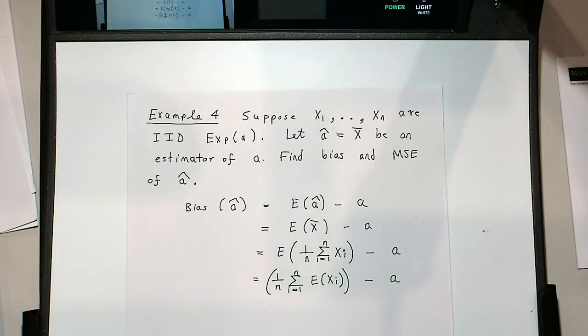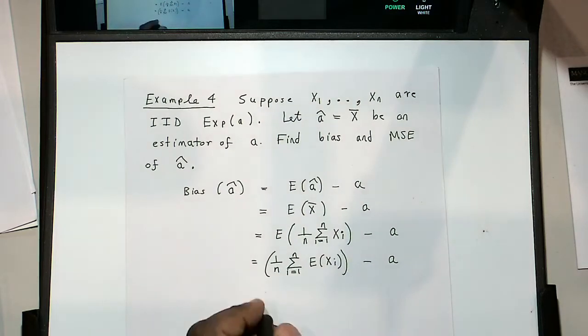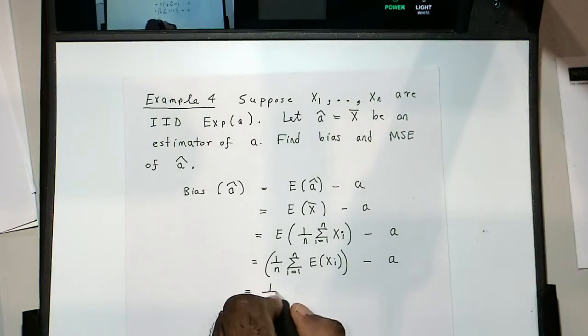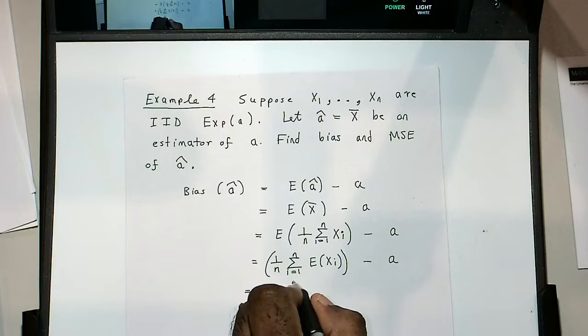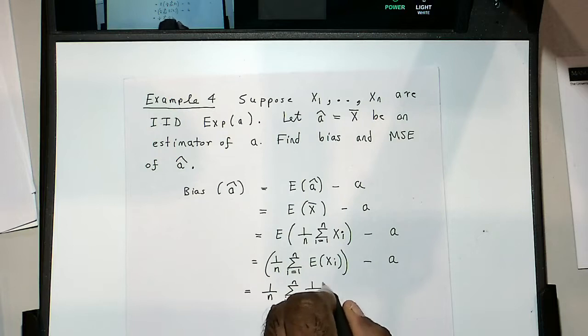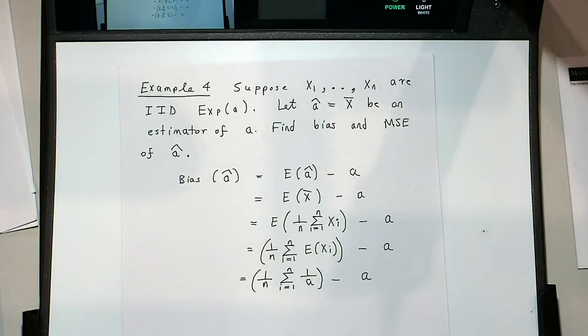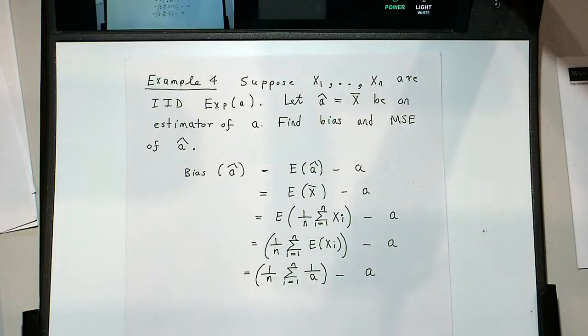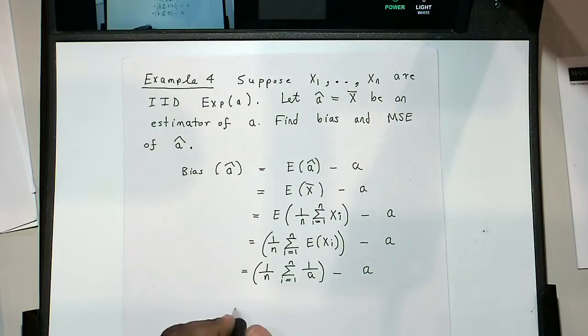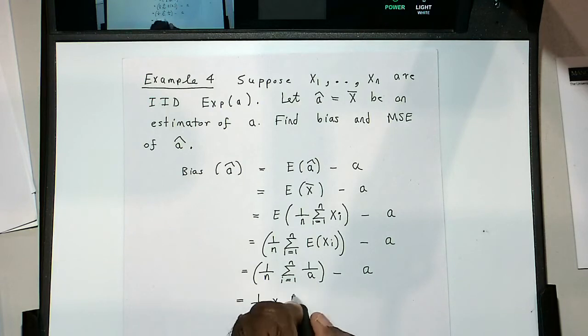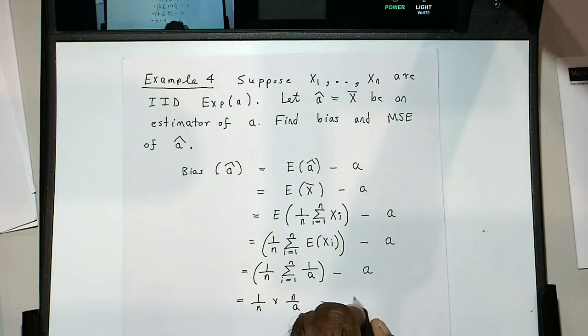So the expected value of Xi is going to be 1 divided by a, okay? You follow me? Yeah? Okay? So now, this is a constant, so it's going to be n divided by a, times 1 over n, minus a.